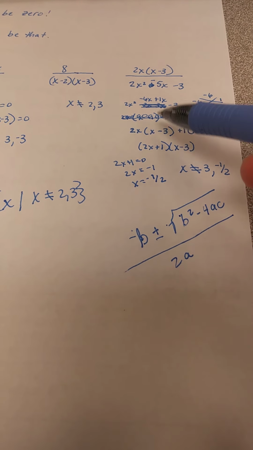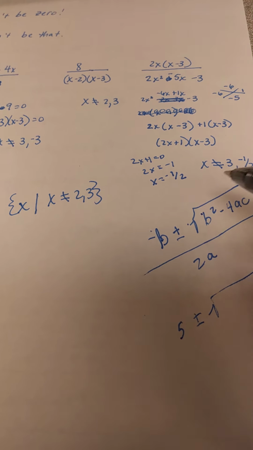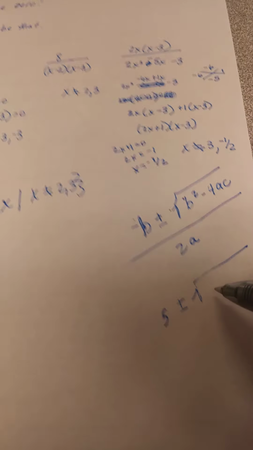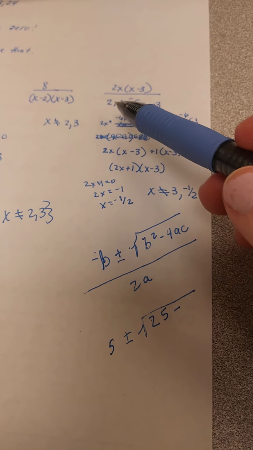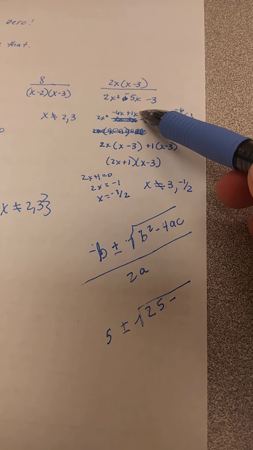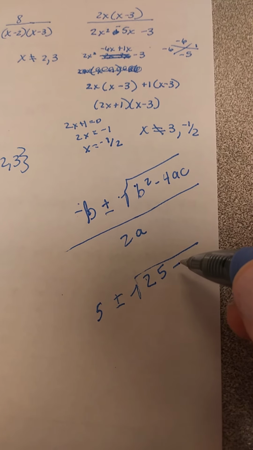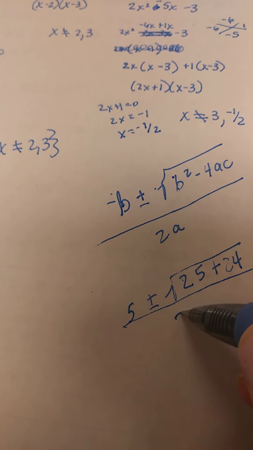So -b is -5 plus or minus the square root of b squared. -5 squared is 25. Minus 4 times a times c. So that's 4 times 2 is 8, times -3 is -24. So minus -24 is plus 24, over 2 times a.